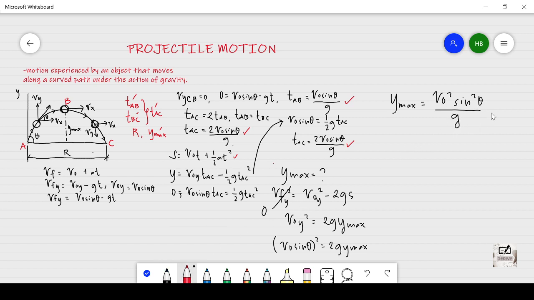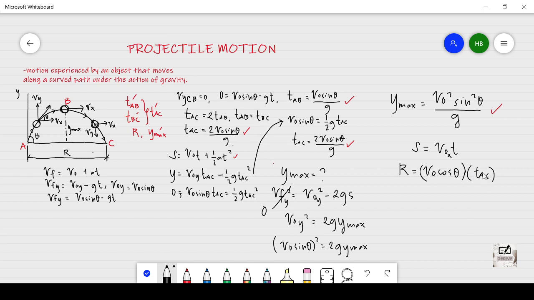You have your Ymax. So finally, ang kulang na lang natin is yung range R. So our range R will be based on, as I said earlier, our horizontal velocity is constant throughout its path, and we are going to use the simple s is equal to Vo times time, and replacing s by R, range, is equal to Vo, just put x because it is horizontal, so your Vox is of course your Vo cosine theta, of course from A to C, so that's Tac.